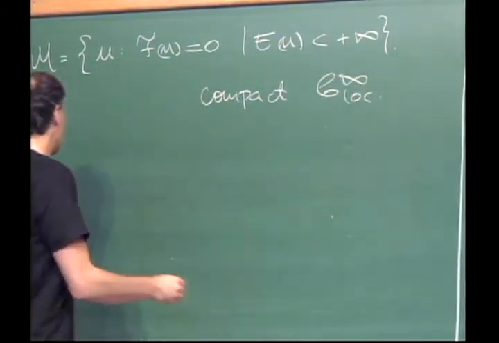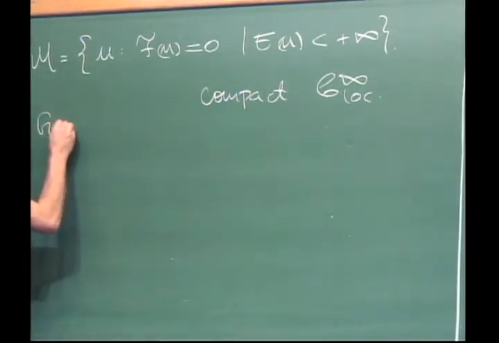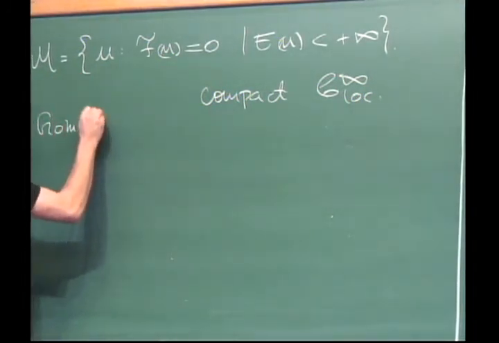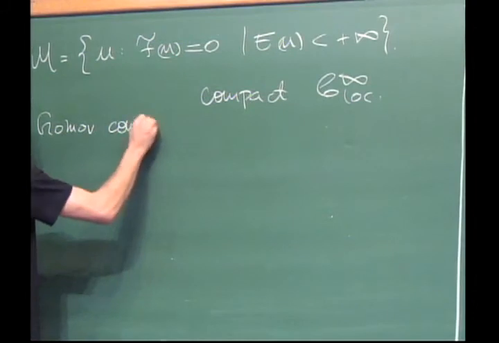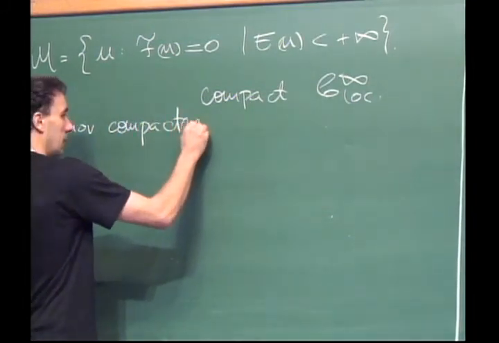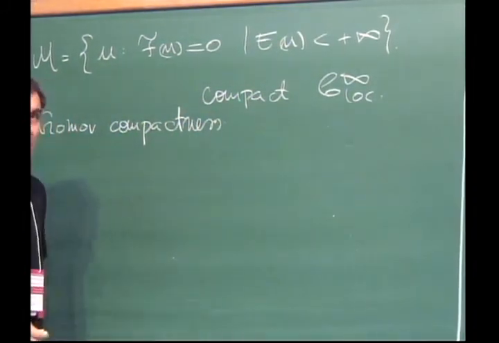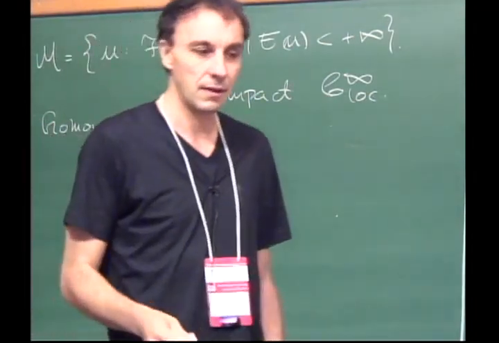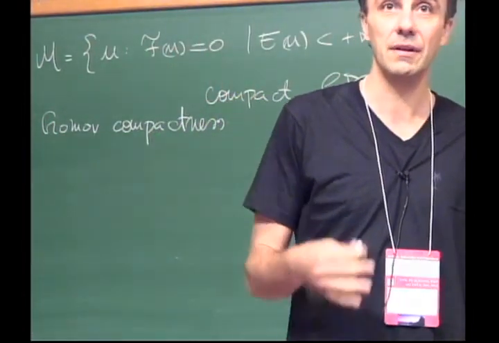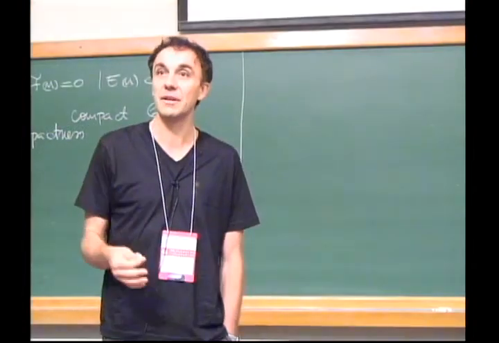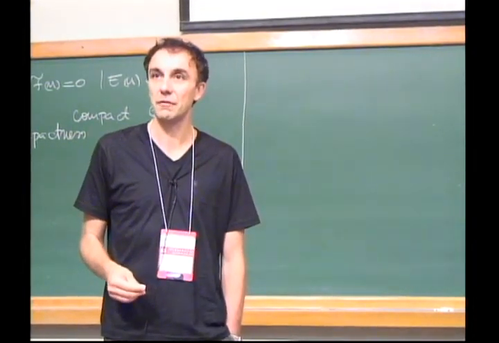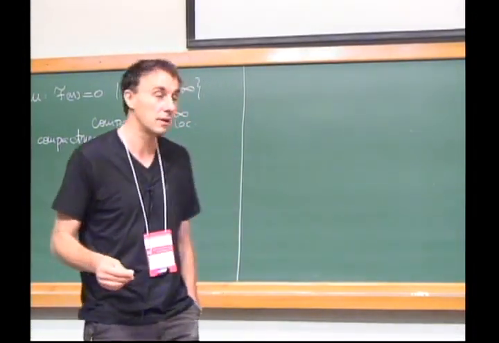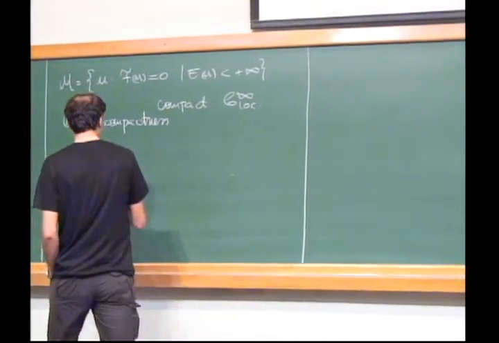This was what I call Gromov compactness. Now today I will start with the compactness which is actually needed for the construction of the Floer complex, which is the compactness of the trajectory spaces.